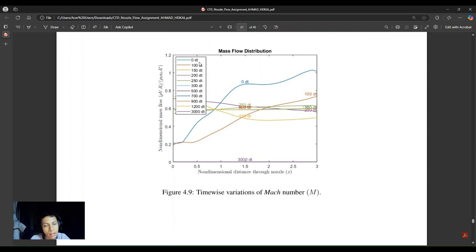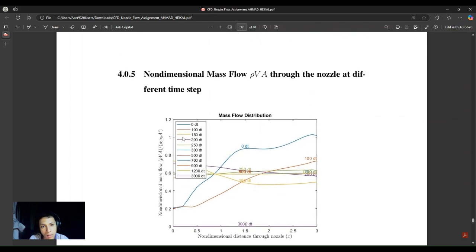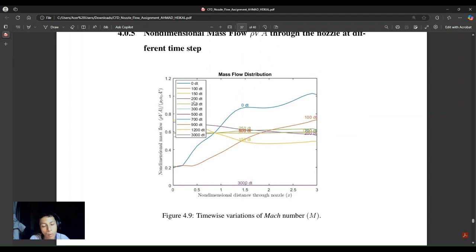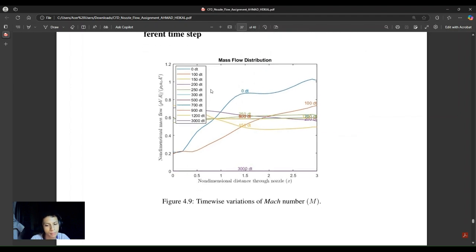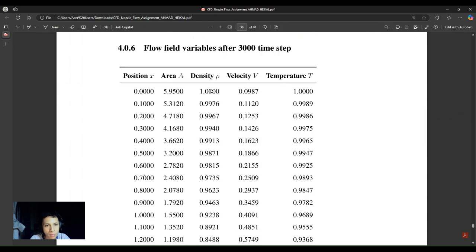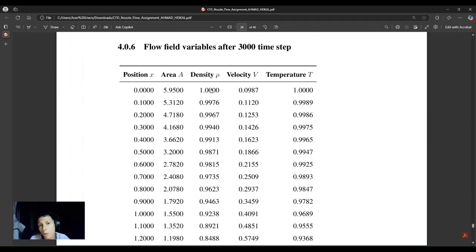So dt indicates that after 0 time steps, what will happen to the non-dimensional mass flow. After 100 time steps, what will happen to the non-dimensional mass flow, until 3000 time steps. So this is the flow-field variables after 3000 time steps.